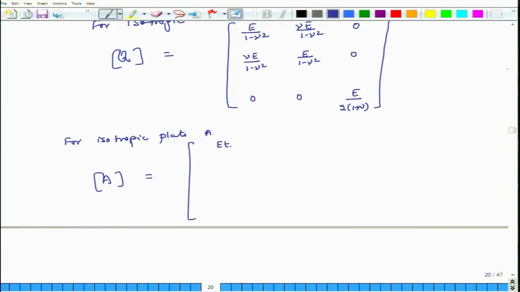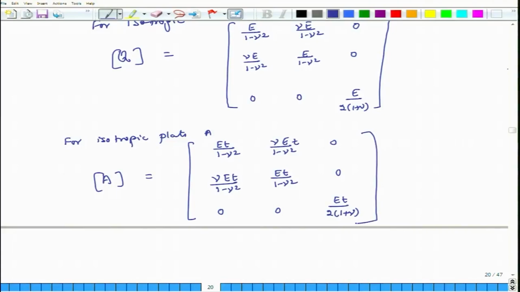It is E T divided by 1 minus Poisson square, nu E T divided by 1 minus Poisson square, 0, 0, E T divided by 1 minus Poisson square, 0, 0, 0, E T divided by 2 times 1 plus nu. So, this is the A matrix for an isotropic plate.